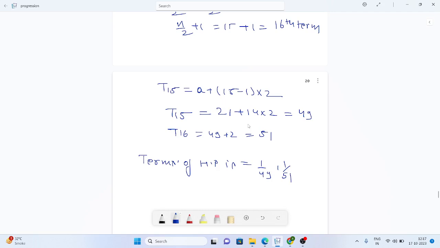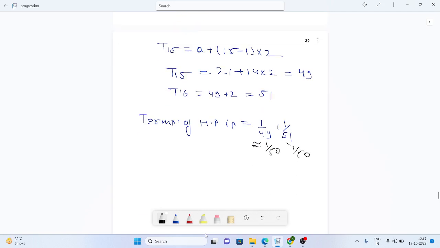If I assume this as 1 by 50, because they ask for an approximate value, I assume 1 by 50 here, and here also 1 by 50.